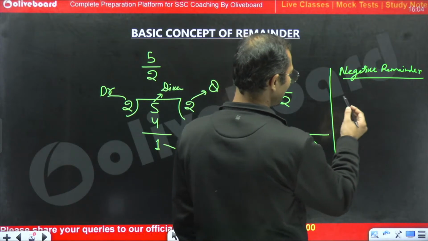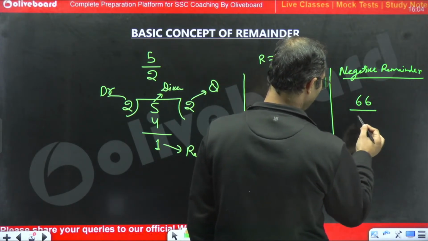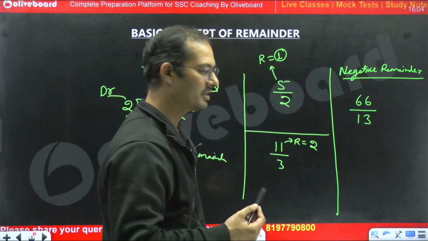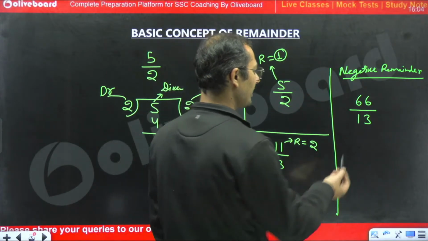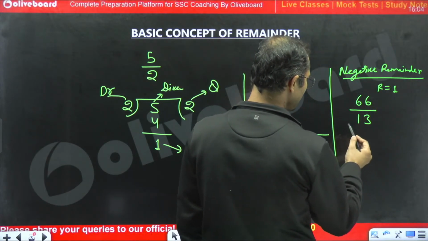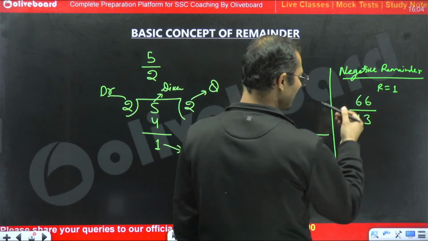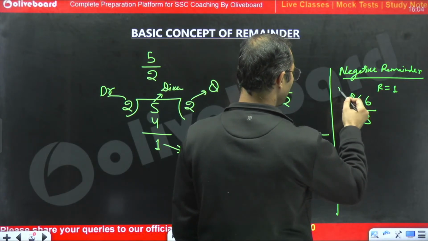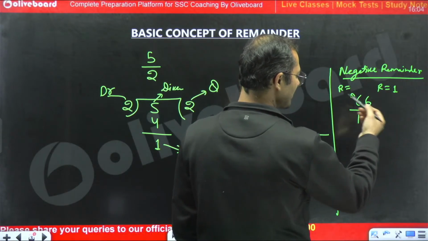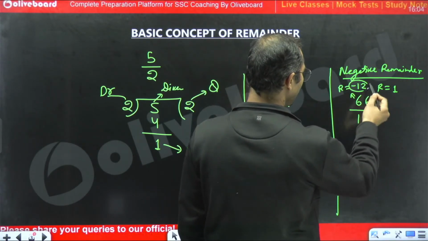If I say 66 is to be divided by 13, simply 13 5s are 65, so the remainder is 1. If I divide it one more time, the negative remainder would be 13 6s are 78, so minus 12 is the negative remainder.